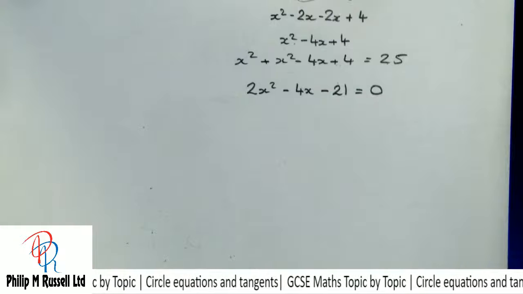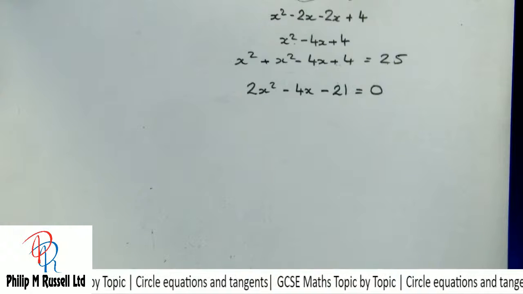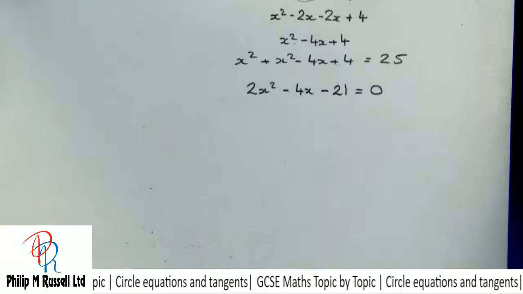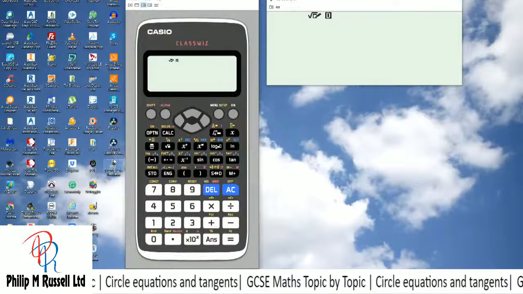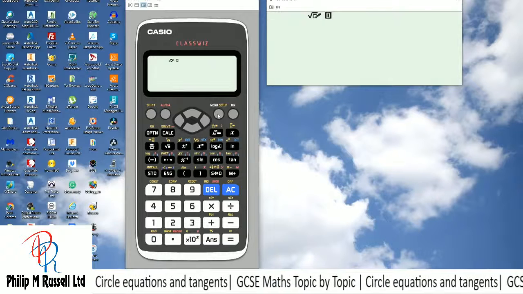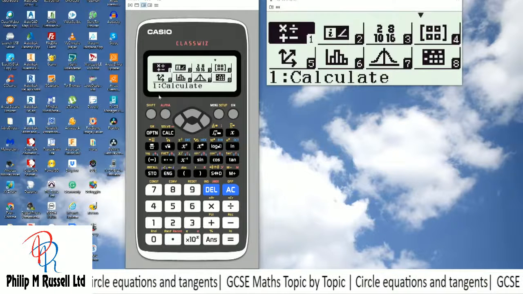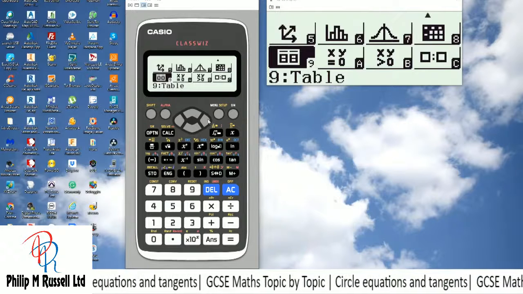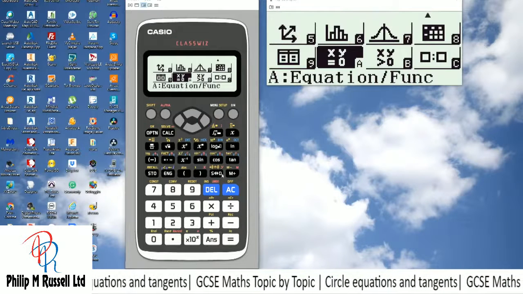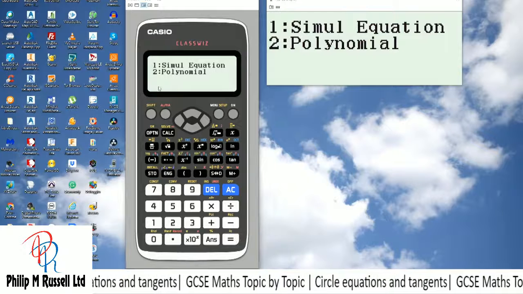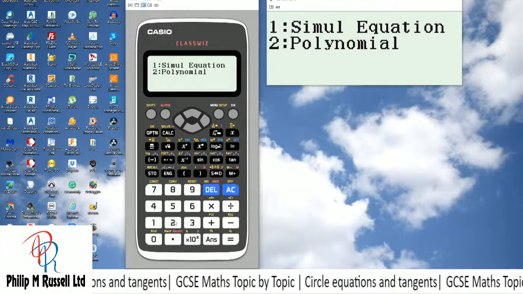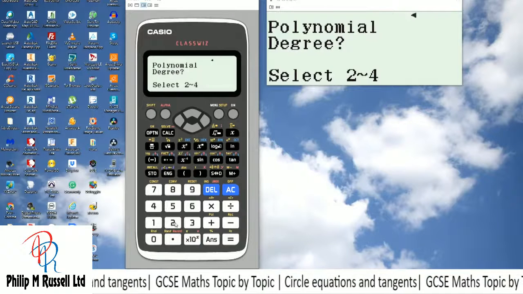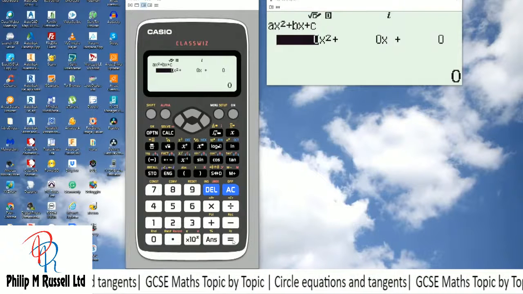We've got several ways of doing this, but one way of solving this could be to use the calculator. If I go to my calculator and navigate through my menu, here I've got my equations and functions. I'm going to solve a polynomial, a quadratic. It's going to be two numbers because it's an x squared.